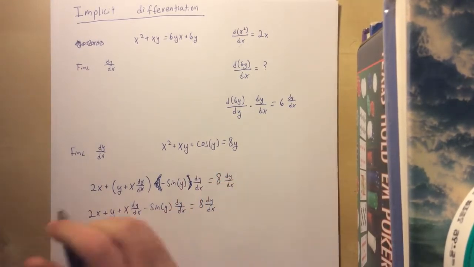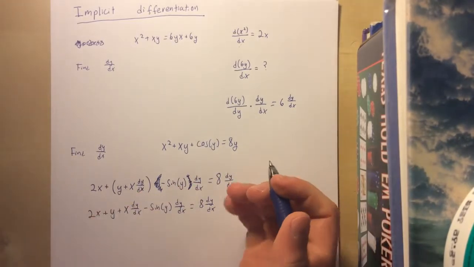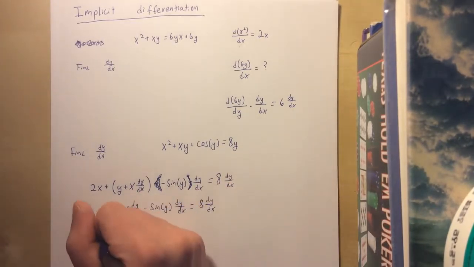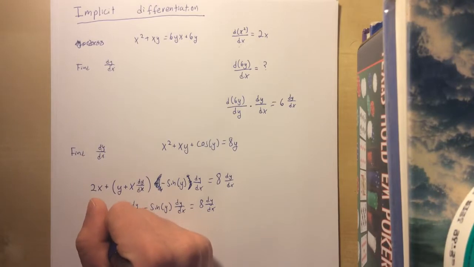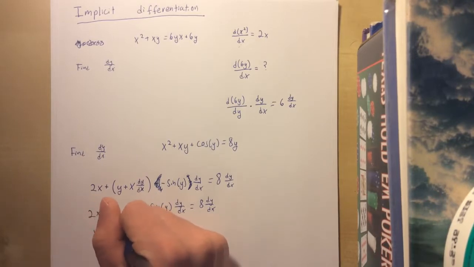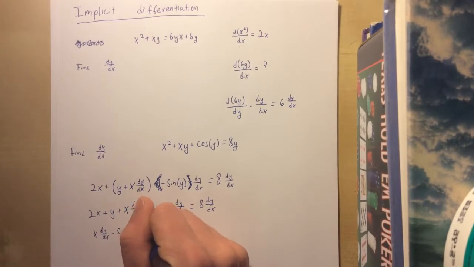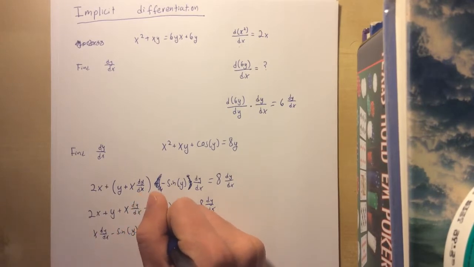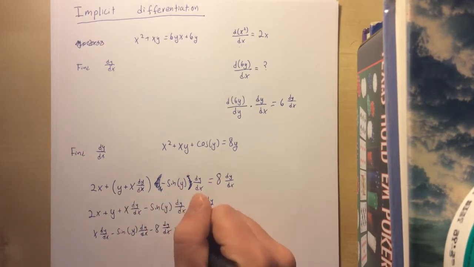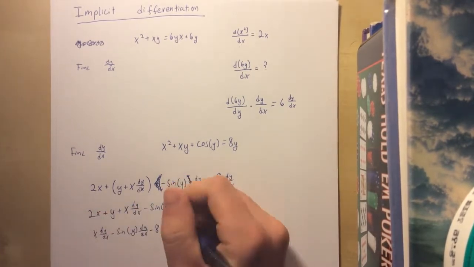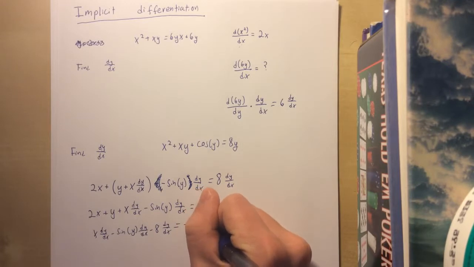Now I'm going to move all the dy dx's to the left and all the non-dy dx's to the right. So we have an x dy dx minus sine y dy dx minus 8 dy dx. Move this 8 over. Now I'm going to move all the non-dy dx's to the other side, so we have a negative 2x minus y.